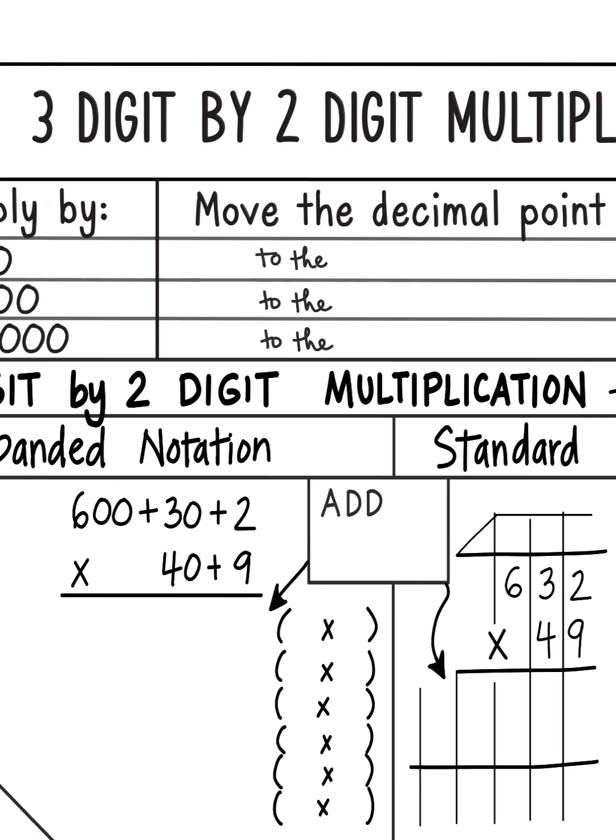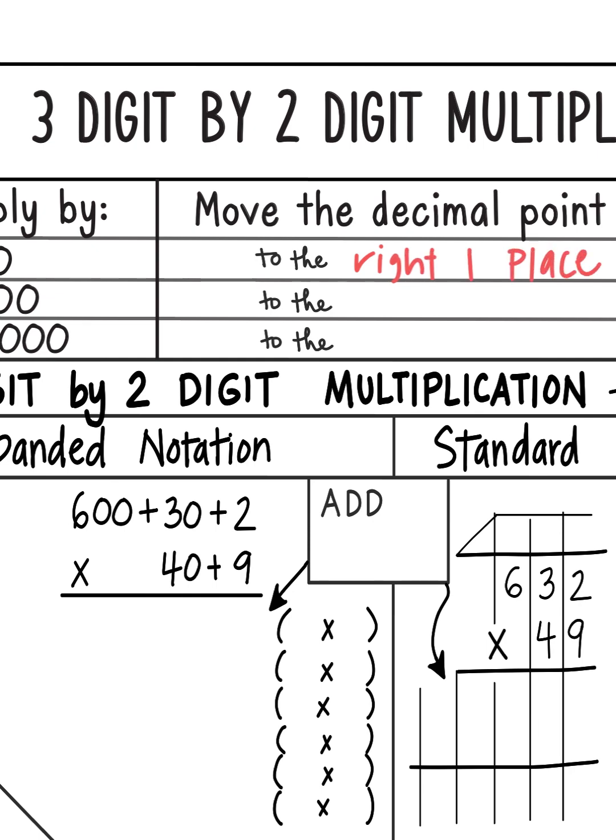So this same thing that you see at the top of the board, where it talks about my multiples of tens. So multiply by 10, we move the decimal point 1 place to the right. I wanted to make sure I wrote that correctly.